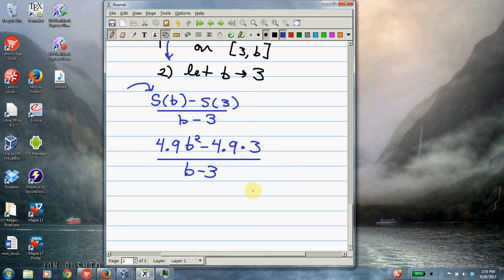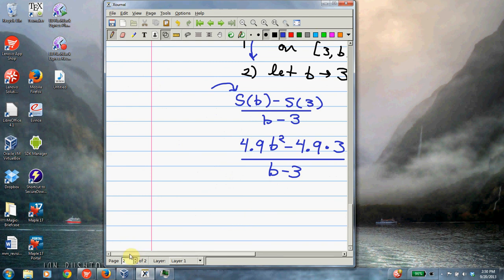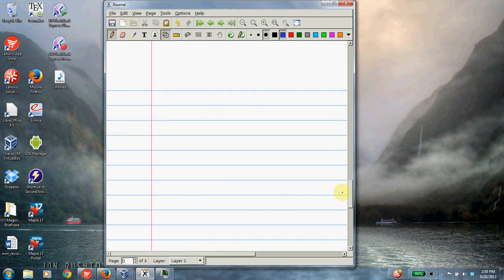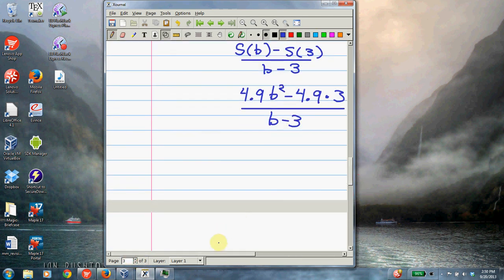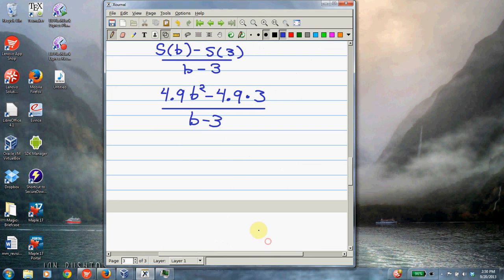So let's see if we can get to it. Let's do it like this. Needs another page here. So there's a 4.9 involved that's not really doing much. So let me factor 4.9. I'm going to factor it all the way off to the side, and that leaves b squared minus 3 squared over b minus 3.